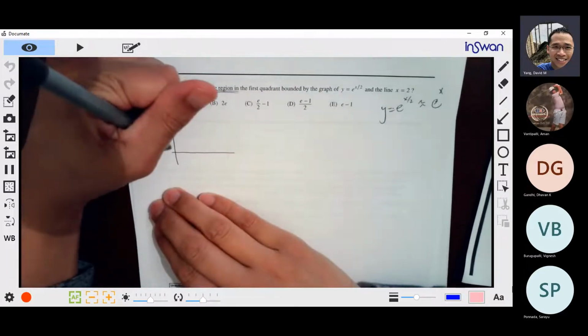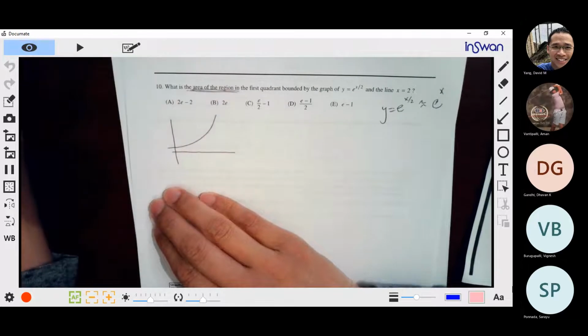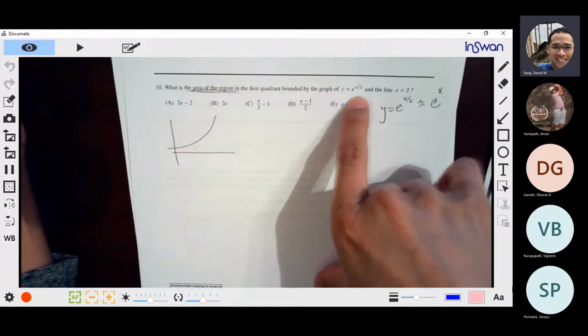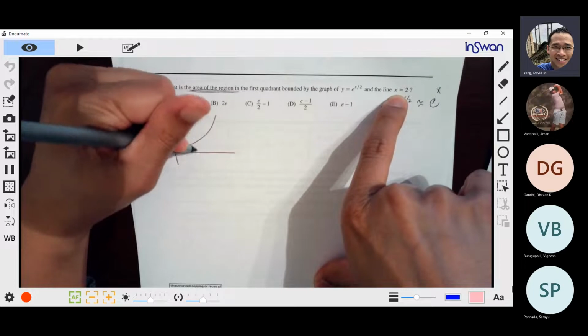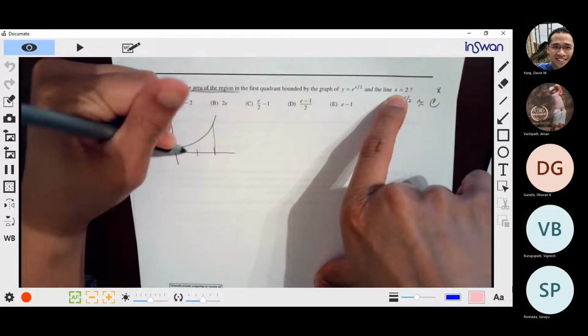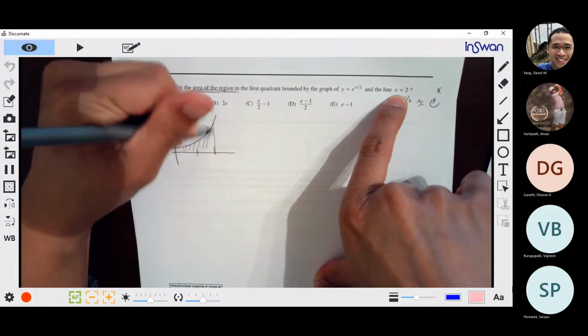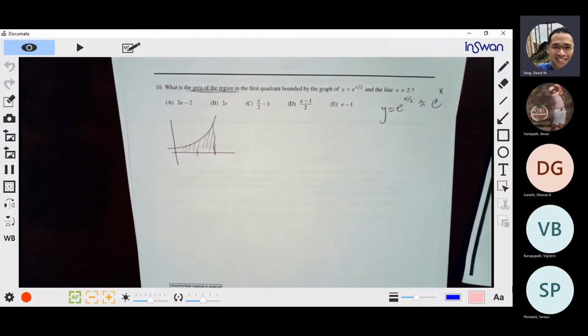Okay, first quadrant. There's my e to the x over 2, and the line x equals 2. And the x-axis, so there's my shaded region.